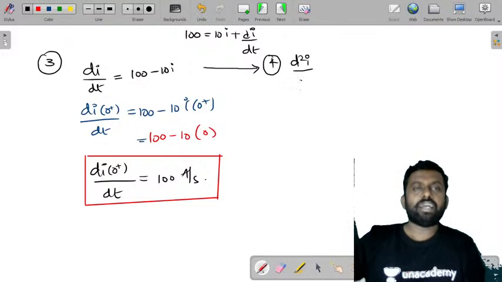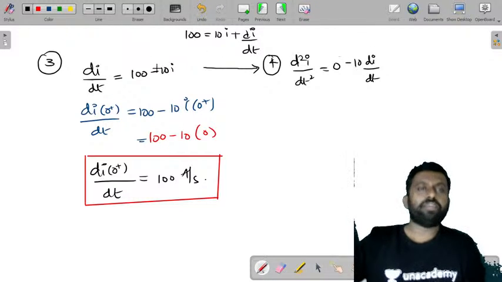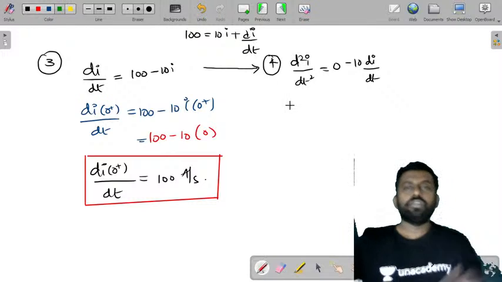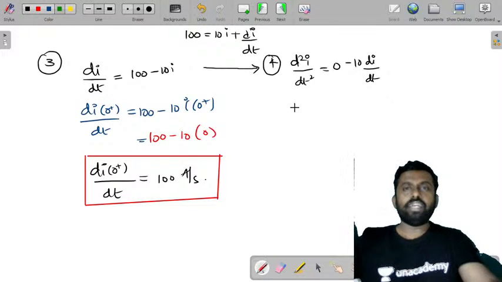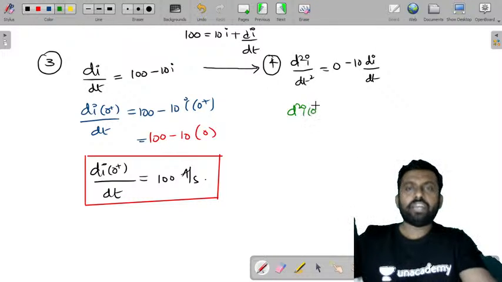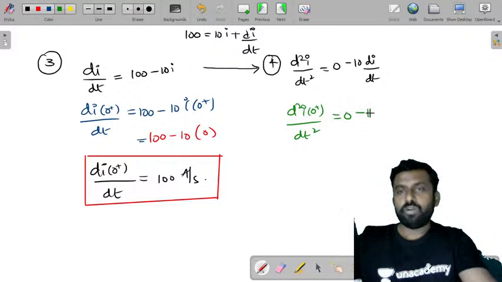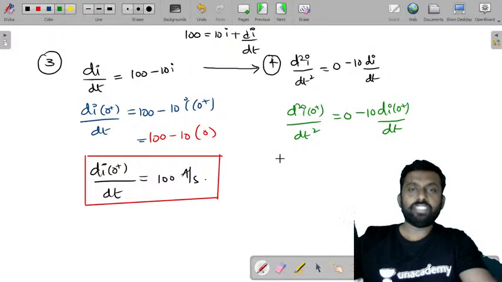So d square I by dt square, by differentiating, is equal to 0 minus 10 di by dt. If you differentiate 100, it is 0. So d square I of 0 plus by dt square is equal to 0 minus 10 di of 0 plus by dt. What will this give you?